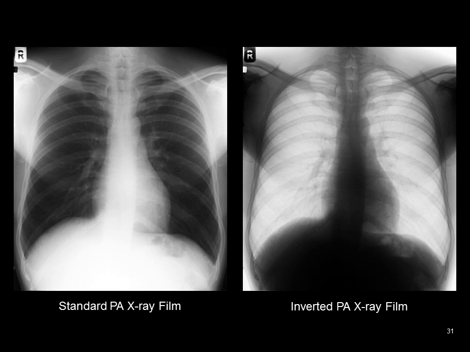Again, regardless of the projection, it's a coronal slice, so it is placed on the film or on the monitor as if the patient is facing us with reference to anatomical position. Although we do have the marker here, so this is right and this is left, this is superior, this is inferior.